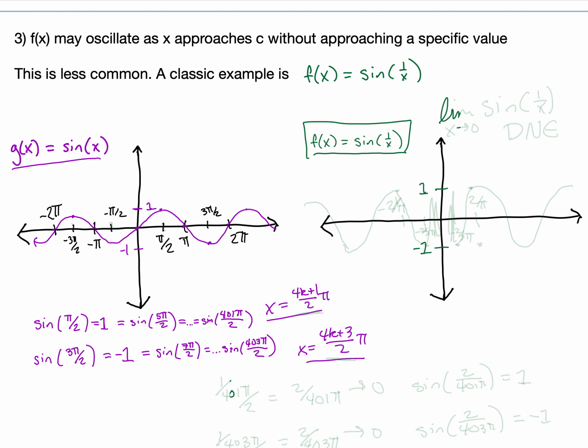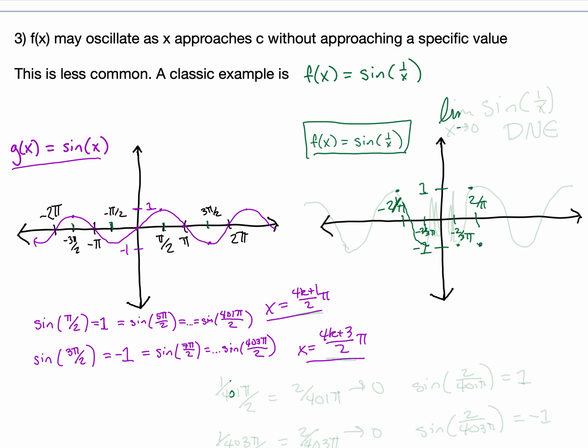For example, if we think of 2 over pi, or negative 2 over pi, both of those are going to have outputs of positive 1, whereas, for example, 2 over 3 pi and negative 2 over 3 pi, where we're just using the reciprocals of these values, are going to have outputs of negative 1.